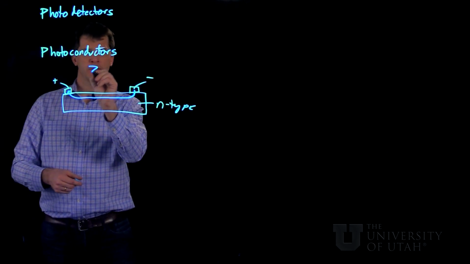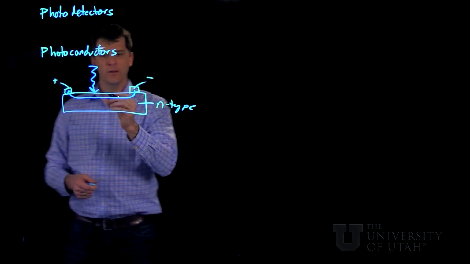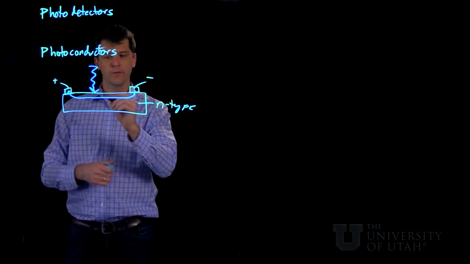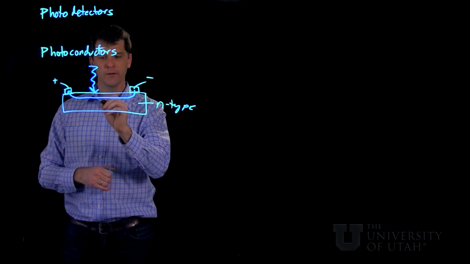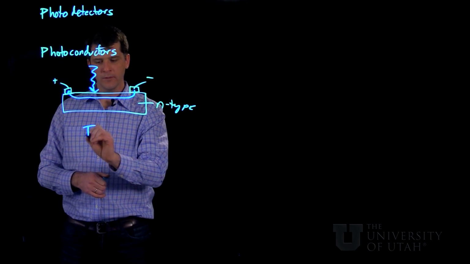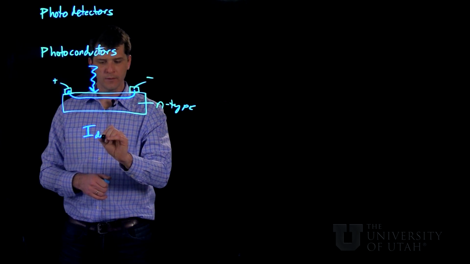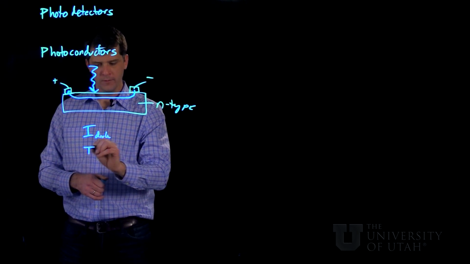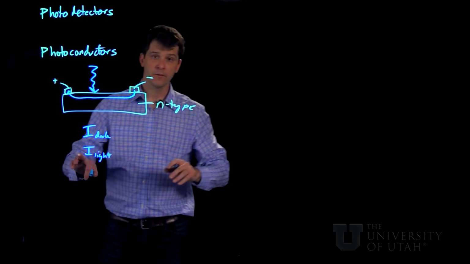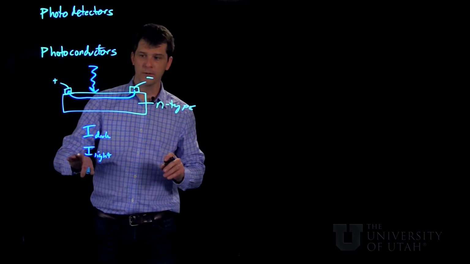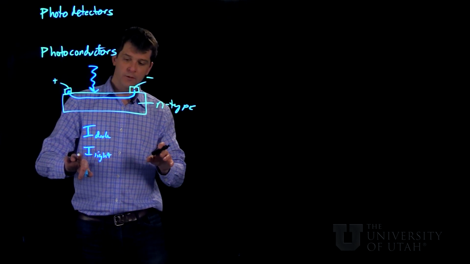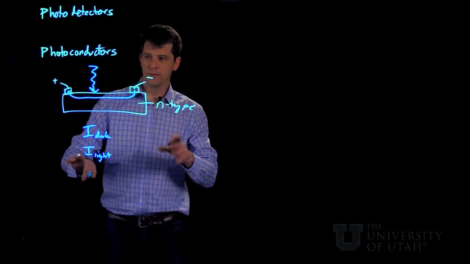But then when light shines on it, you start to get photoexcitation of electron-hole pairs. And so you can measure the current in the dark and the current in the light, and as long as the current is bigger than the dark current, you'll have photoconductive gain.